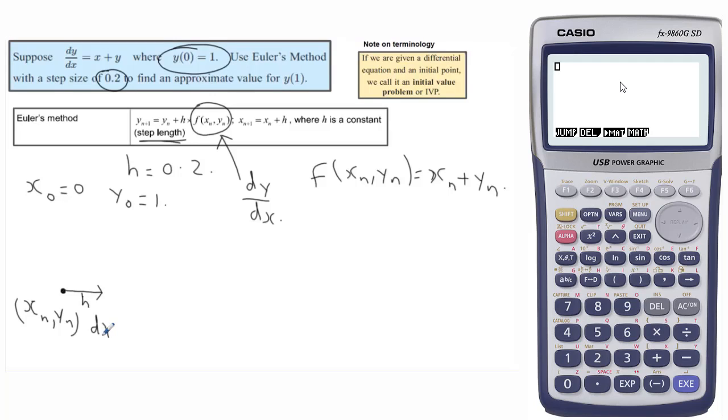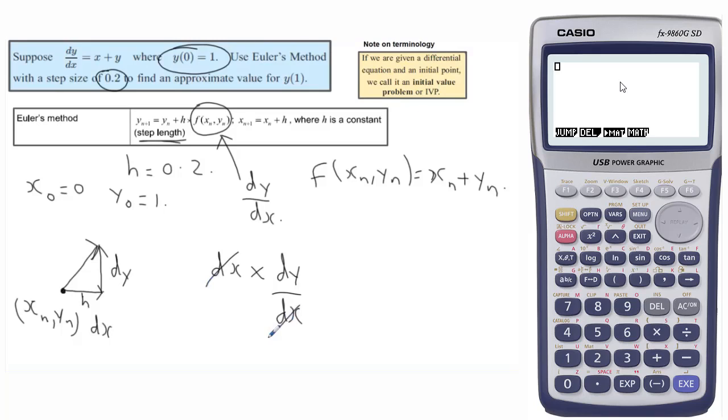Then you go up a distance dy, and you follow along like this. So we know dx, it's h, and we know an expression for dy by dx. So we do dx times dy by dx, and that is dy.